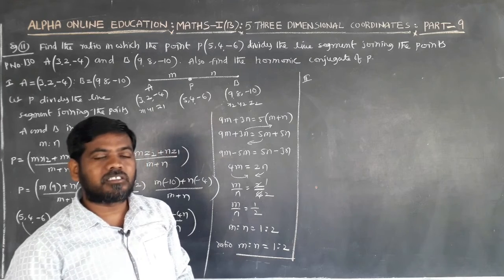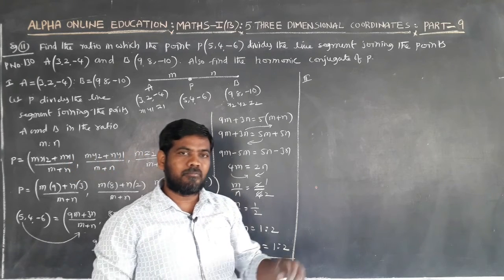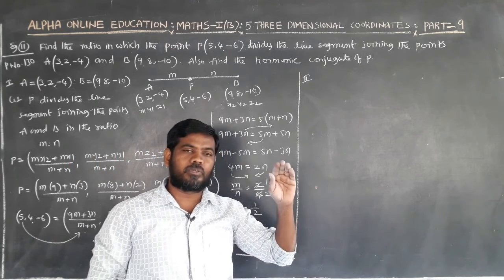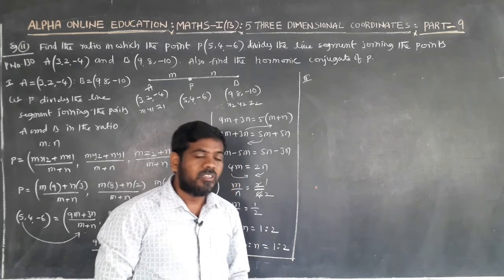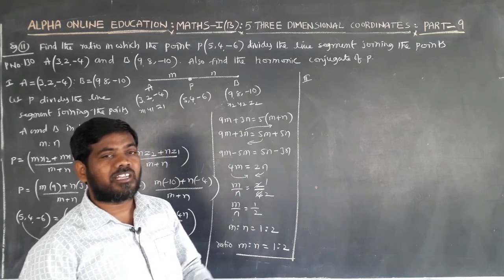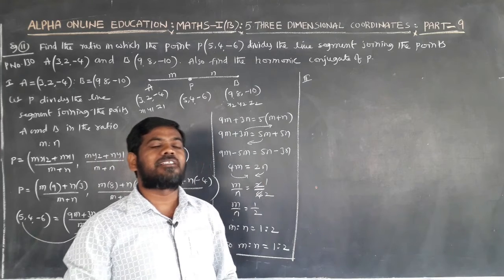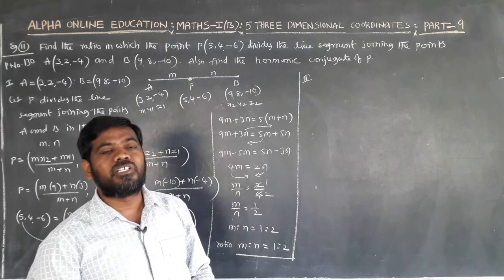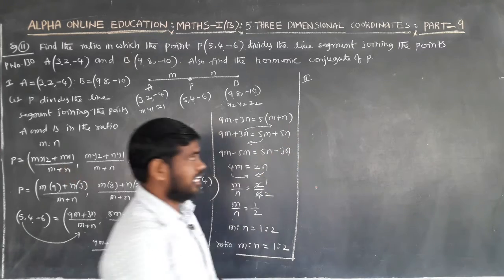Here P divides the line segment AB in the ratio m is to n internally. The harmonic conjugate of P divides the line segment in the ratio m is to n externally.